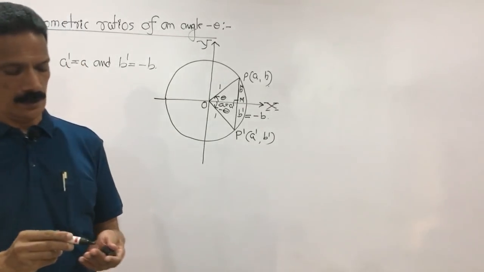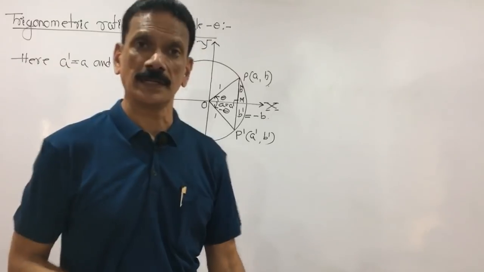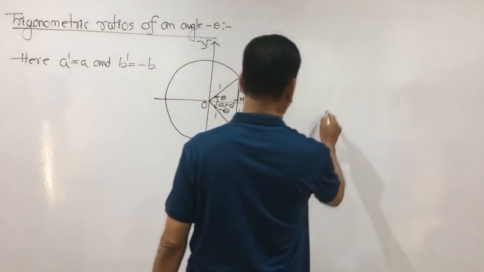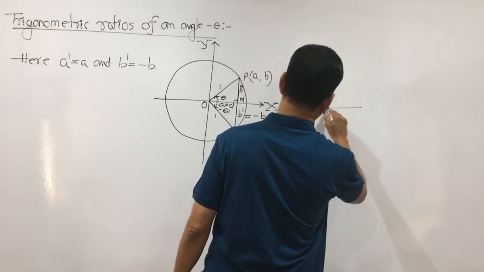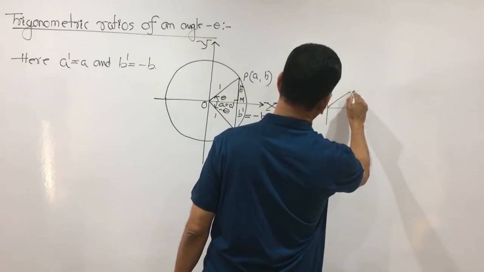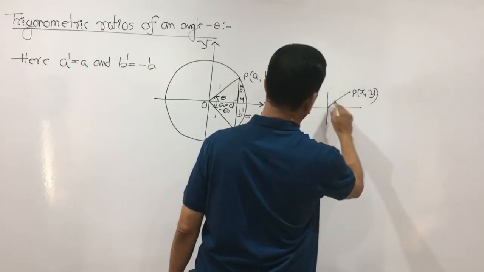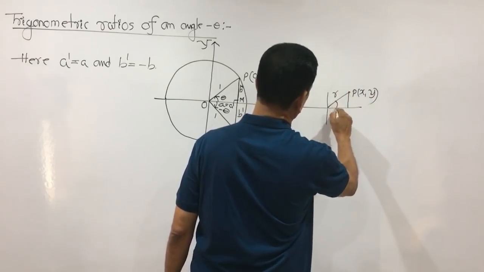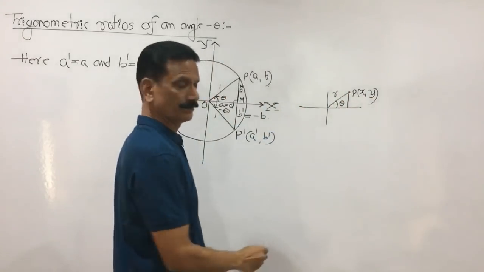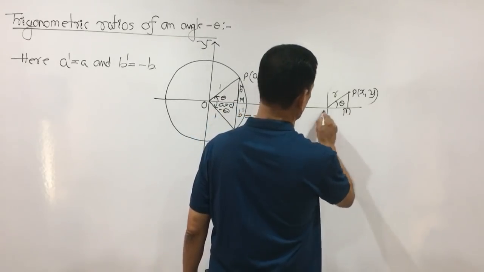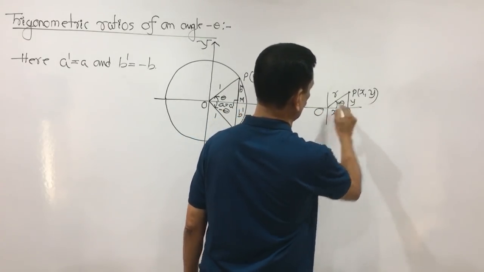Okay. Now, listen here, my dear friends, we already have this: if this point is P, the coordinates of the point are (X, Y), this distance is R, this angle is theta, PM is the perpendicular, OM is the X coordinate, and this is the Y coordinate.